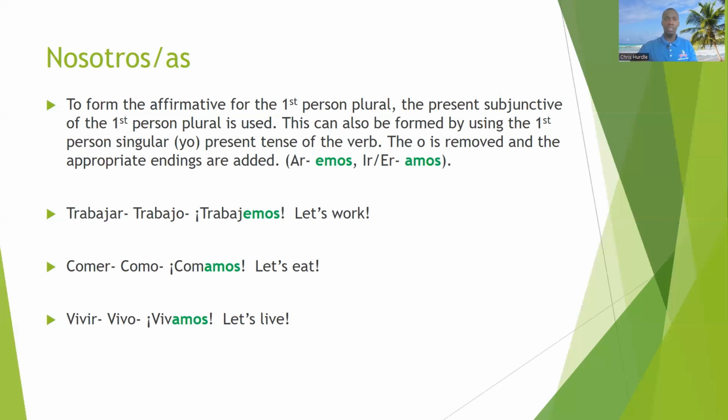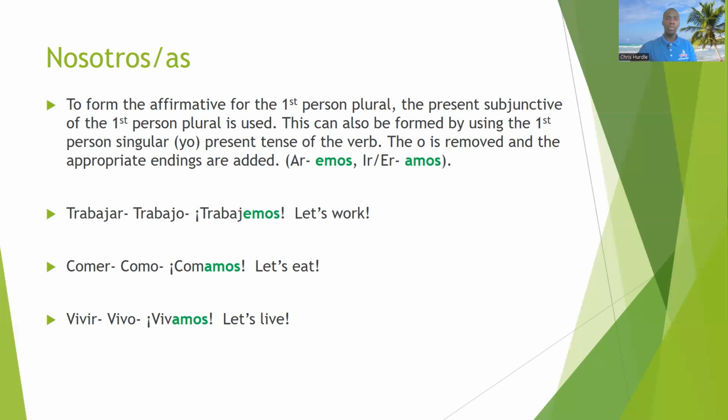So if it's an AR verb, you add emos, and if it's an IR or ER verb, you add amos. Okay? So let's look at a few examples. Trabajar, we have trabajo. Remove the O, and this is an AR verb, so we add emos. Trabajemos, let's work.